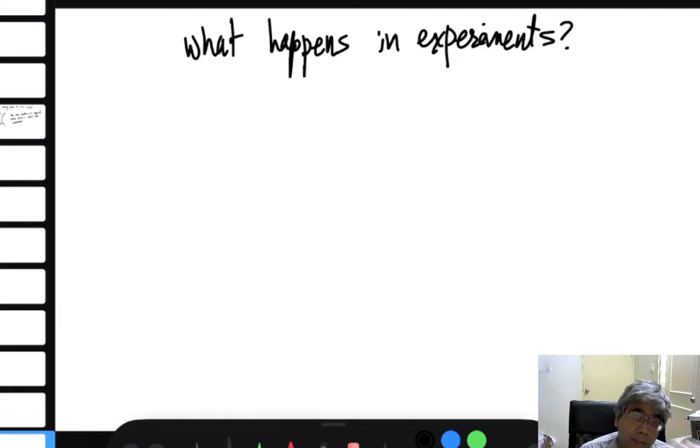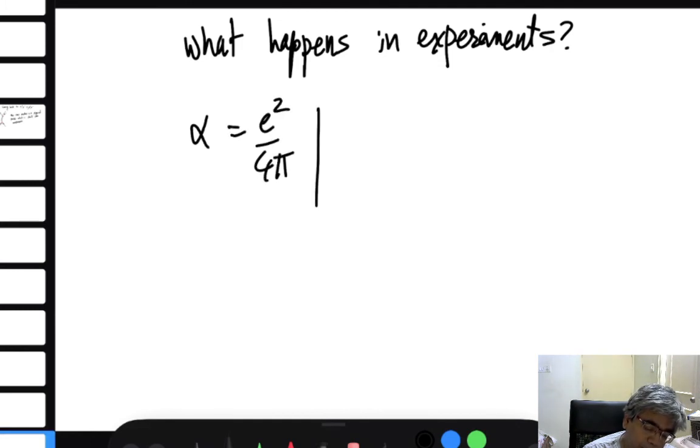Yes, it does. At atomic scales, alpha, which is equal to e squared by 4 pi, at Q squared around an MeV or something, which is a very small scale, at energies around MeV, is 1 by 137, what we actually see.